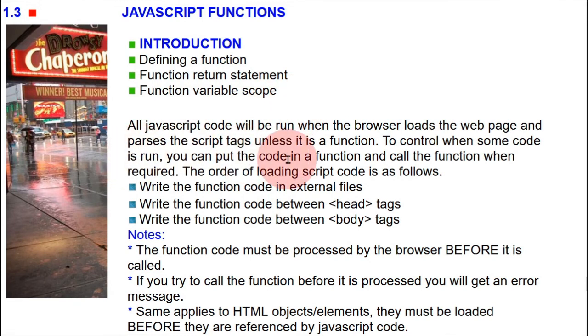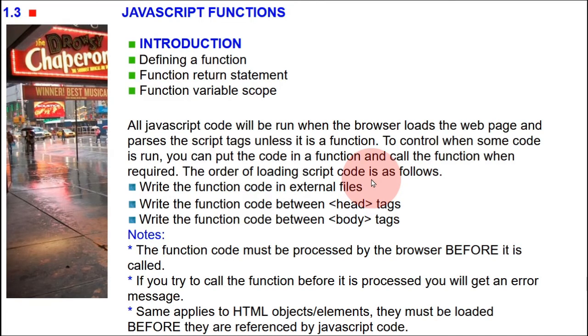All JavaScript code will be run when the browser loads the web page and passes the script tags, unless it is a function. So what will happen is, if you have some code in a script block in your web page, the browser will run the code immediately.